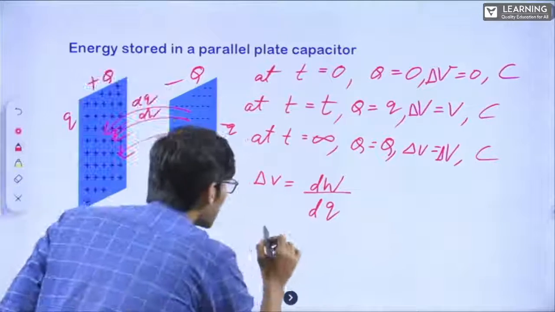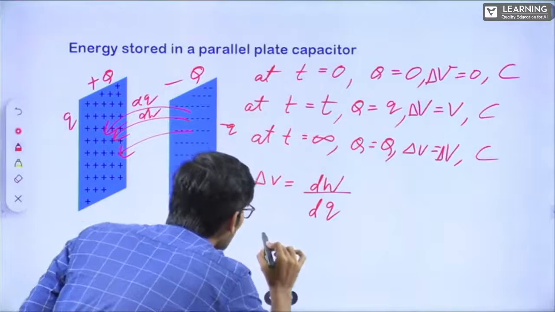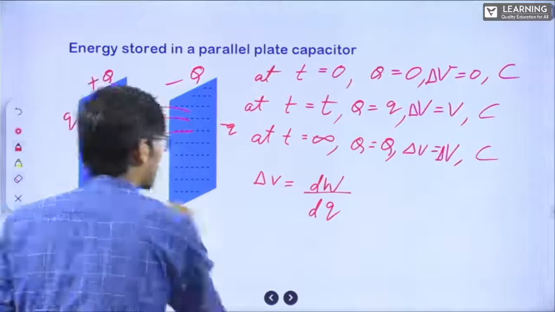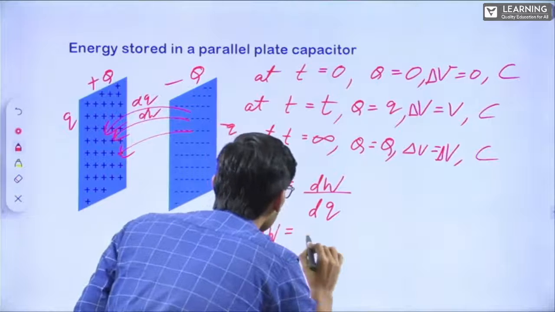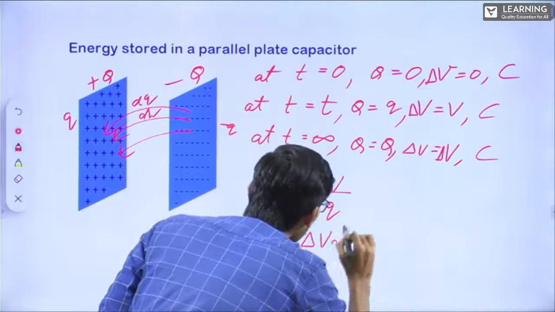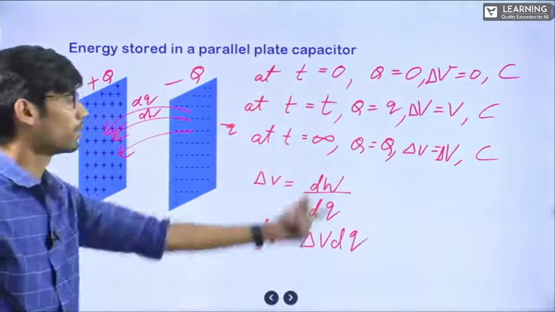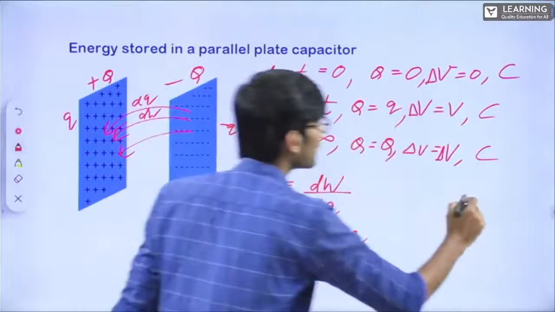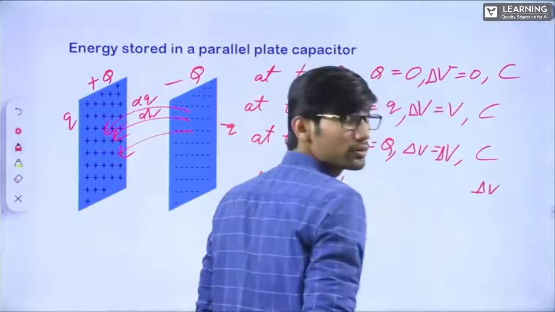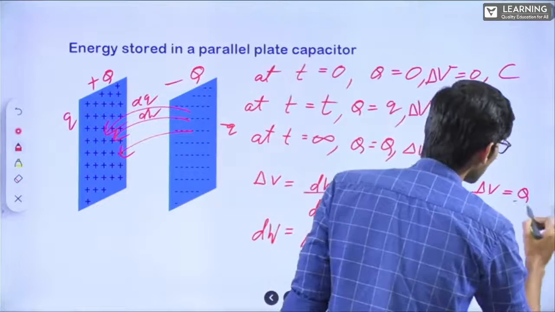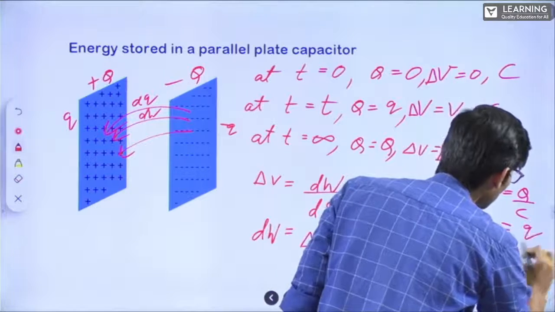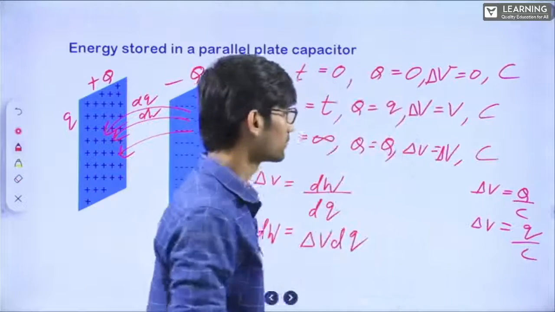So now here, dW is equal to delta V into dQ. What is the value of delta V? Anytime if you see, delta V will be Q by C. At this point also delta V is equal to Q by C, correct?